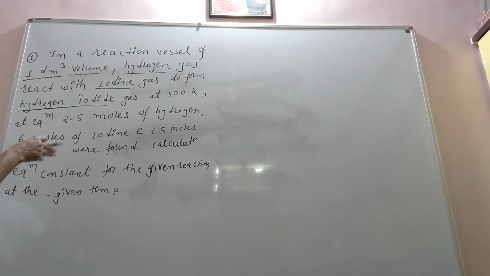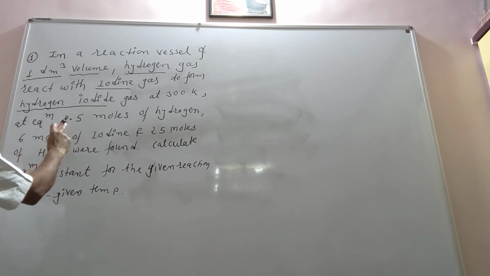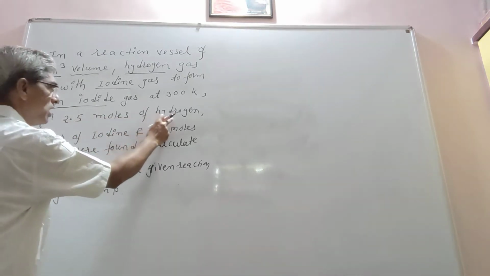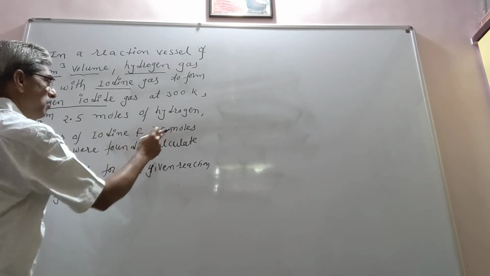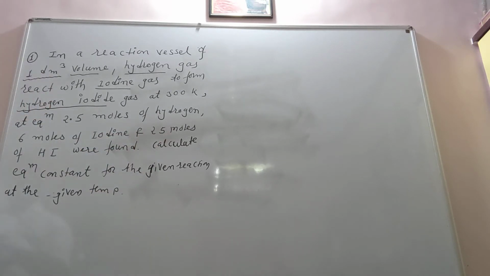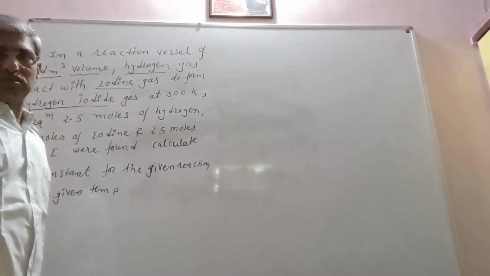Then at equilibrium, 2.5 moles of hydrogen, 6 moles of iodine and 25 moles of hydrogen iodide were found, and we have to calculate the equilibrium constant.